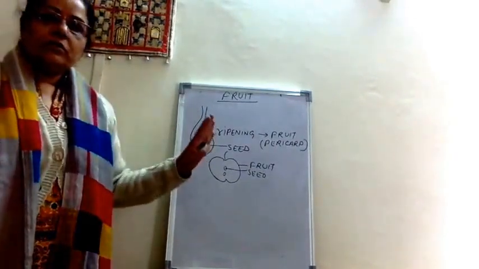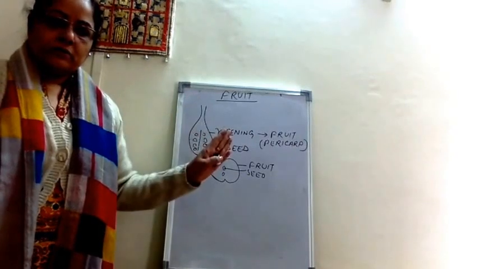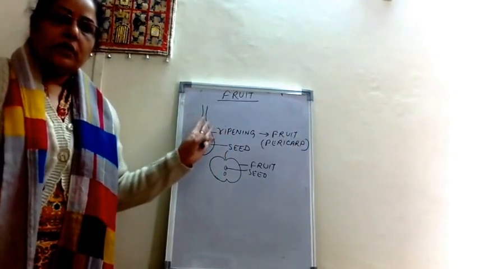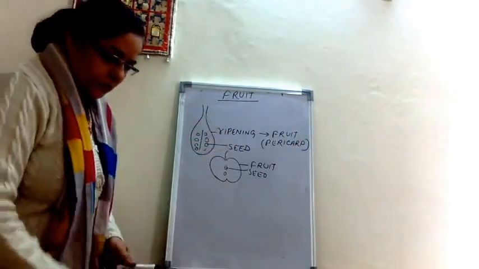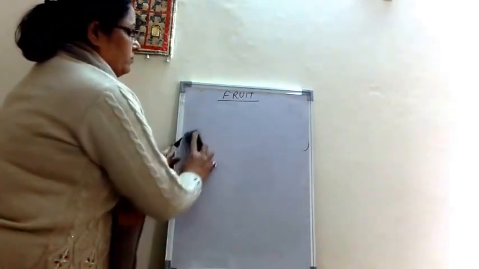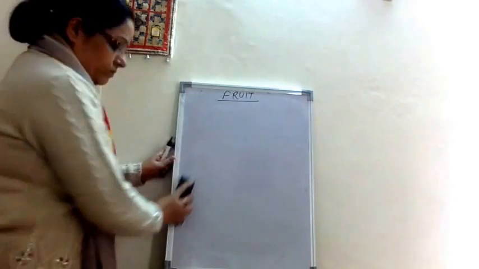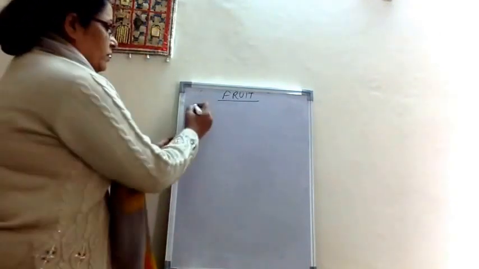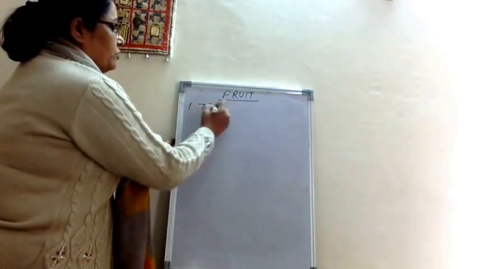Now fruit is of two types, true fruit and false fruit. Now what are these two? Number one is true fruit.